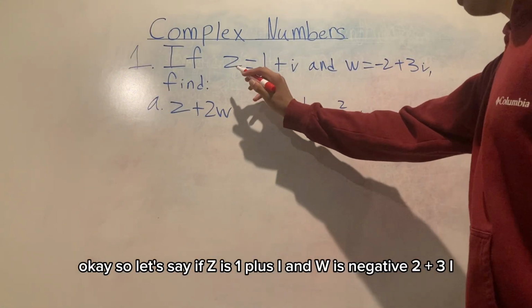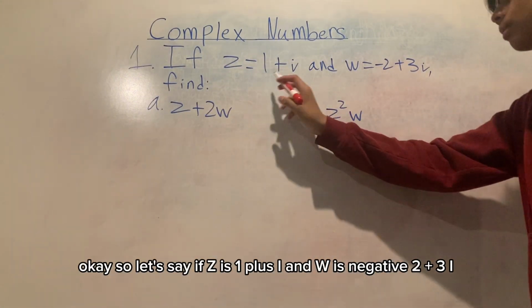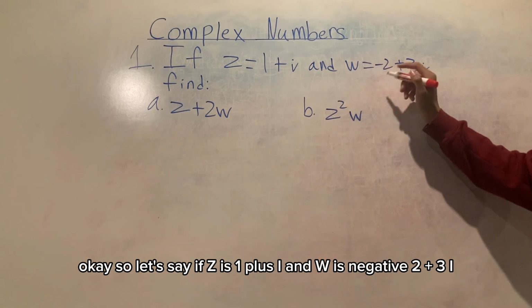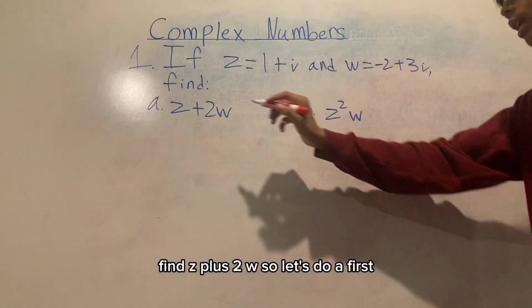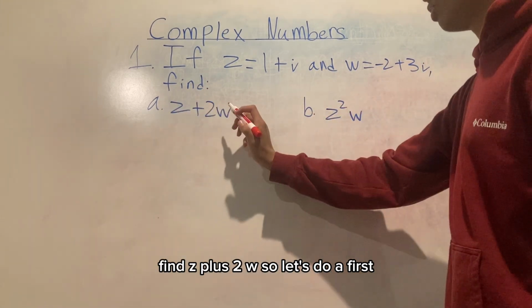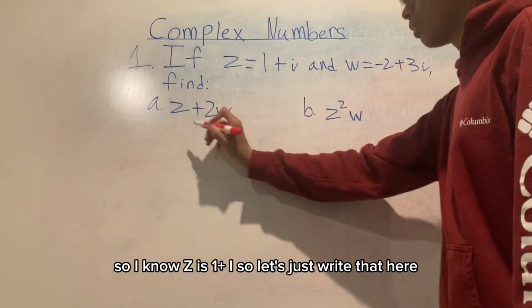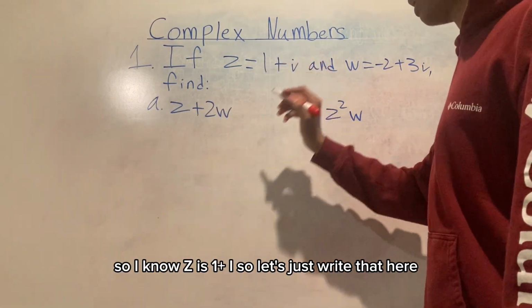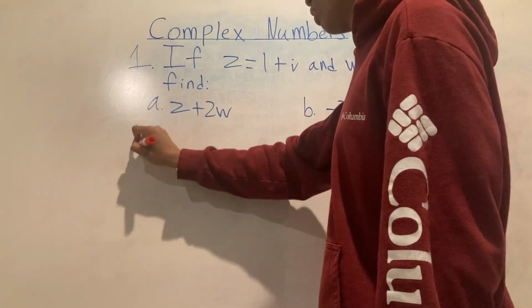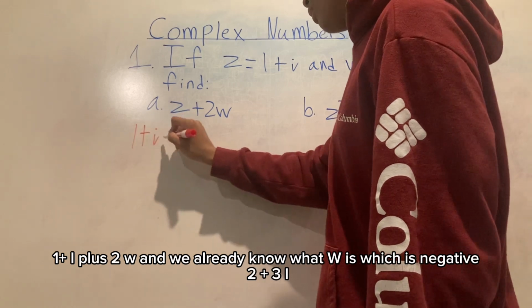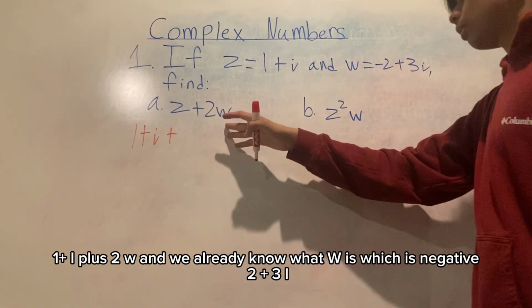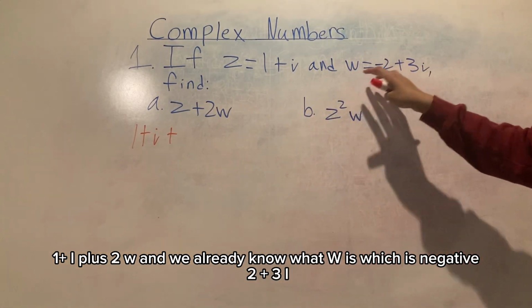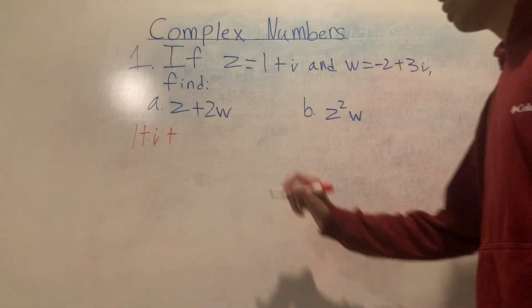Okay, so let's say z is 1 plus i and w is -2 plus 3i. Find z plus 2w. So let's do part a first. We know z is 1 plus i, so let's just write that here. 1 plus i plus 2w, and we already know what w is, which is -2 plus 3i.